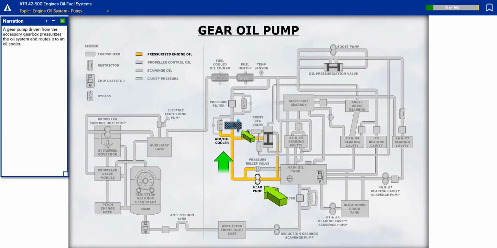A gear pump driven from the accessory gearbox pressurizes the oil system and routes it to an oil cooler. From the oil cooler, oil is routed through a pressure filter and then to an engine lubricating network.